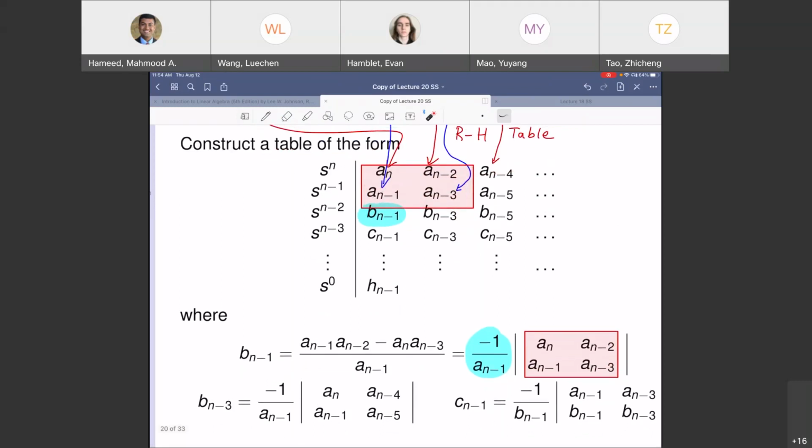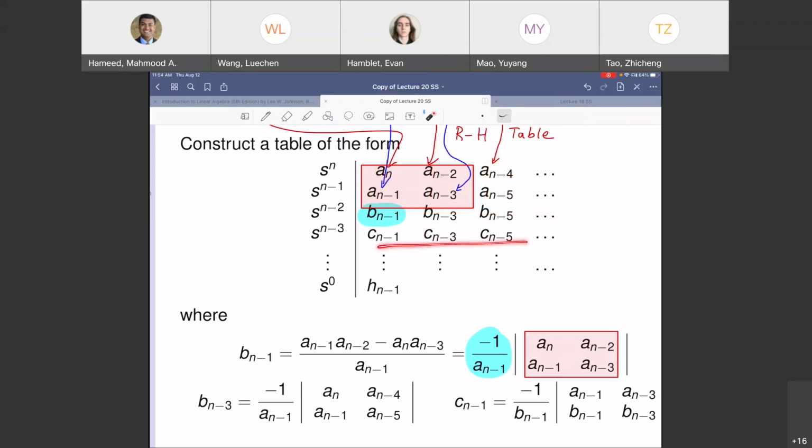Similarly, b_n minus 3 is what? -1 divided by a_n minus 1, and then you have a_n minus 4, a_n minus 1, a_n minus 5. So for this guy, you have this and this. Determinant of that. So you just sort of erase that, remove that. You guys see that? That will fill out your next column.